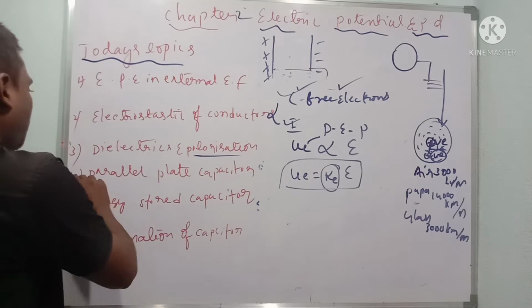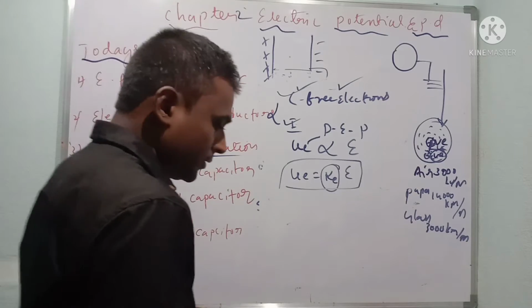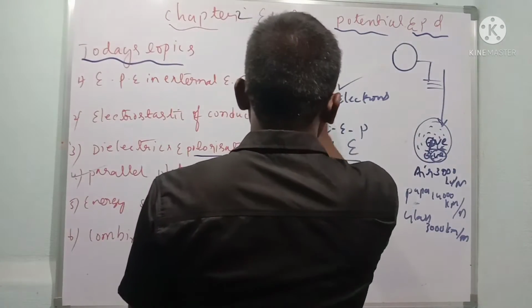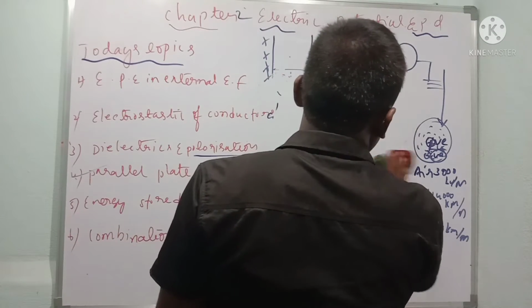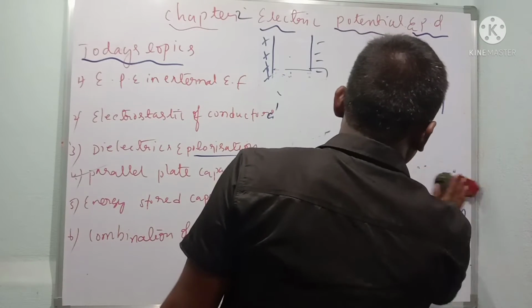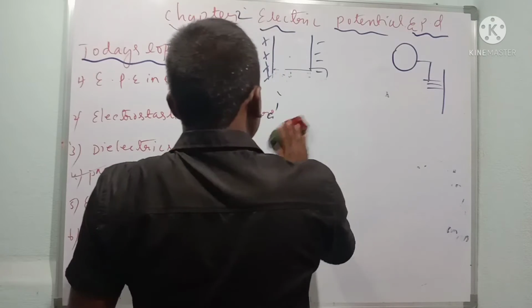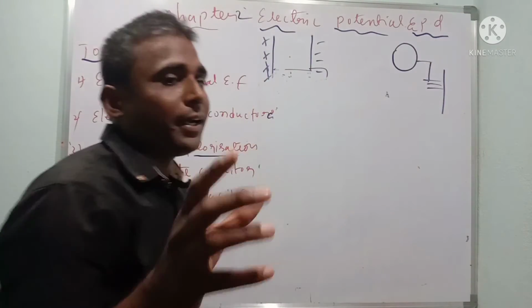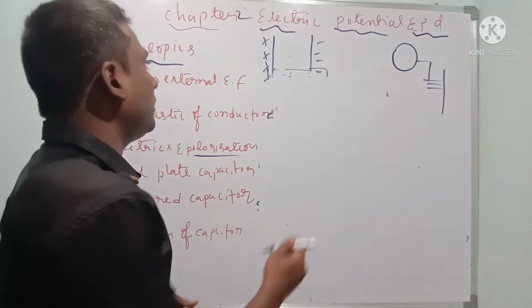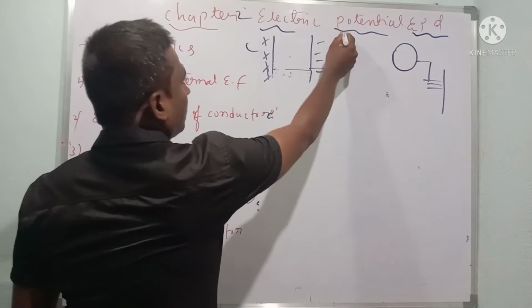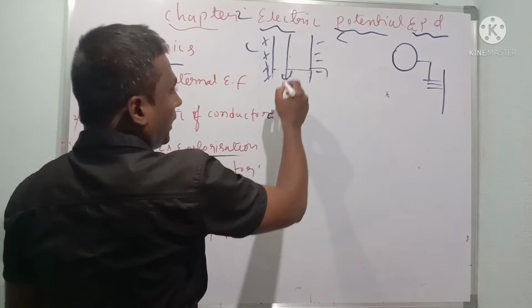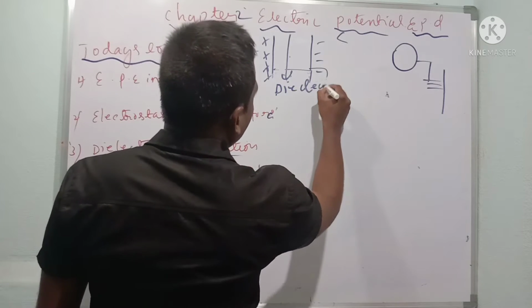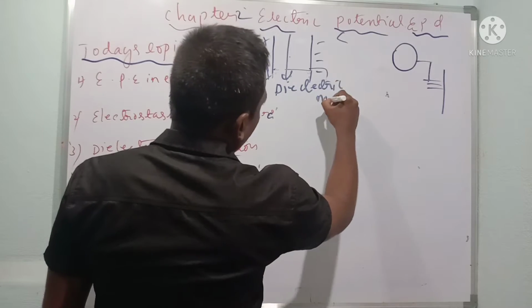This is all about dielectric polarization. After this, we come to the parallel plate capacitor. First of all, let us understand what a capacitor is. As the name itself tells, a capacitor is the ability to store electric charges. These are the conductors, and between them we keep dielectric materials.